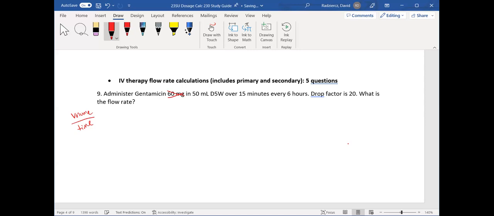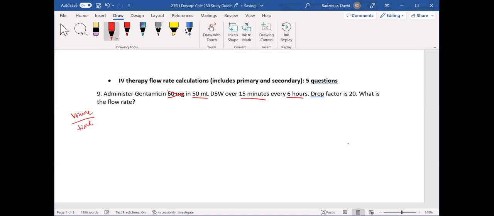It's good that it's there. We want to make sure we're giving them the right thing. But as far as calculating and doing the math, it doesn't tell us what to do with the flow rate. So what I need is volume and I need time. So it tells you here 50 milliliters over 15 minutes every 6 hours. Okay.